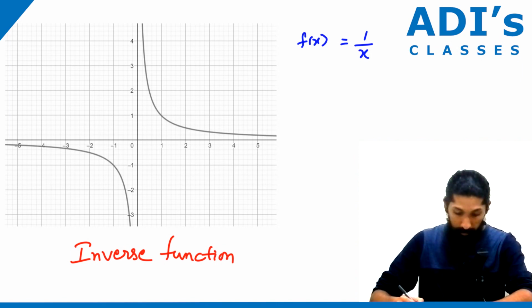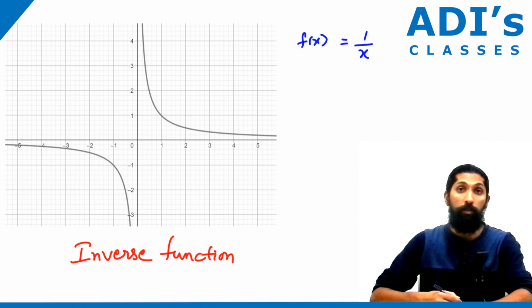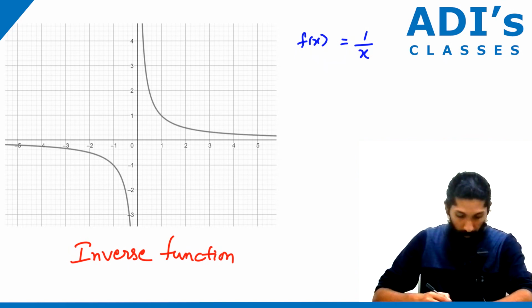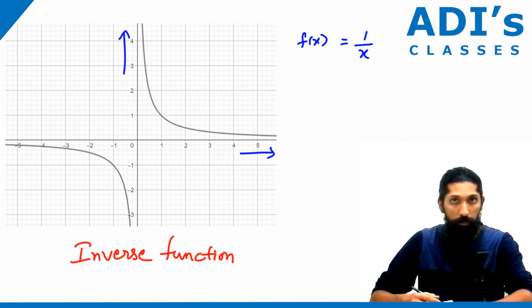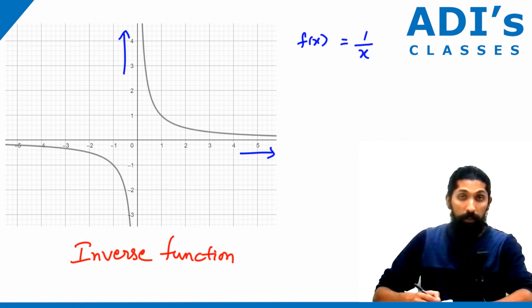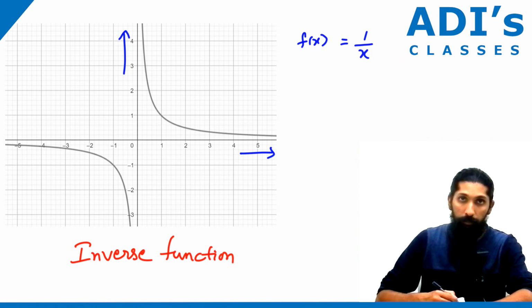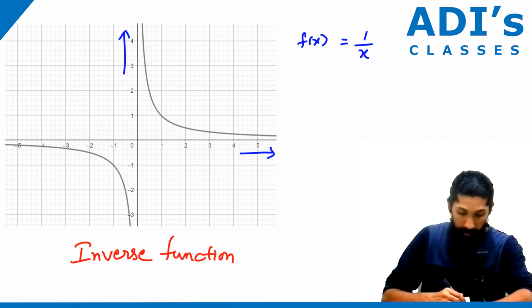The reason is whenever you take f of x is equal to 1 by x, if you look at the graph, here it's not going to touch the x-axis or the y-axis. Same thing along with the negative side also. That means these types of curves are what we call asymptotes.